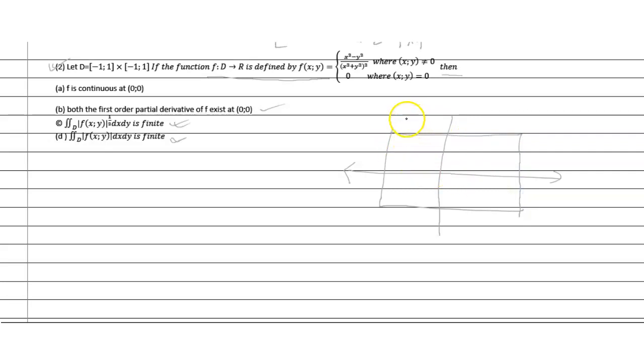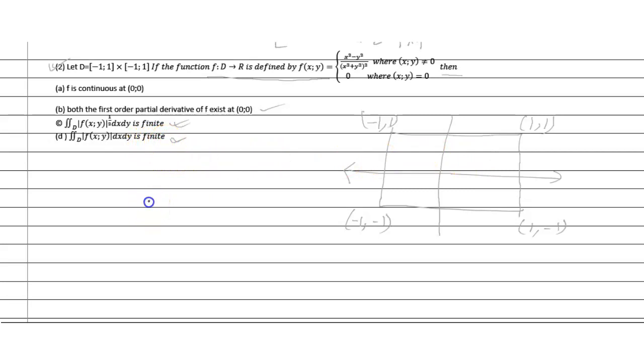In here, you get -1, 1, this is 1, 1, this is 1, -1, and this is -1, -1. This is my region. And the function f is defined by f(x,y) equal to (x square minus y square) over (x square plus y square).